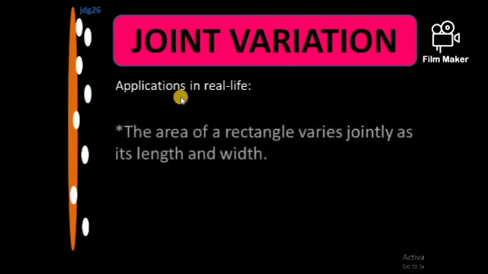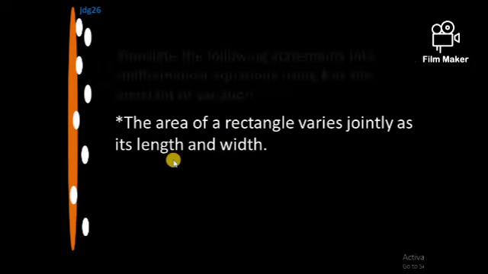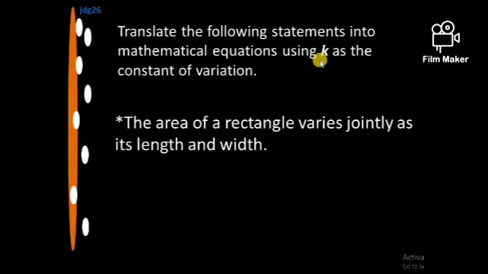Okay, some applications tayo. The area of a rectangle varies jointly as its length and width. So, ibig sabihin, yung area nakadepende sa dalawang variable which is the length and the width. And that is under joint variation. Kasi meron na tayong 3 variables dito. Okay, so paano naman siya i-rewrite into equation using K as the constant of variation? So, hanapin muna natin ang mga kailangan nating i-represent.